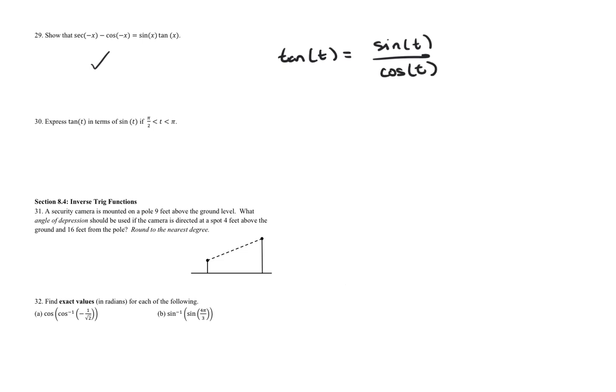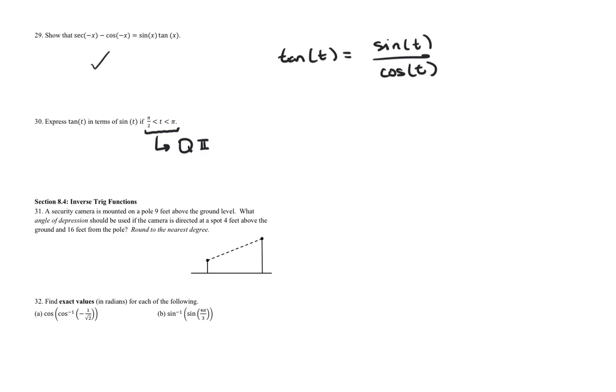And if I want to express tangent of t in terms of sine of t, I want to be able to manipulate this cosine of t to get that in terms of our sine function. Now here's a little hint that our t is in between pi over 2 and pi, so we need to think about what quadrant we are in. We are working in quadrant number 2. For values of t in between pi and pi over 2, we're looking at quadrant 2.